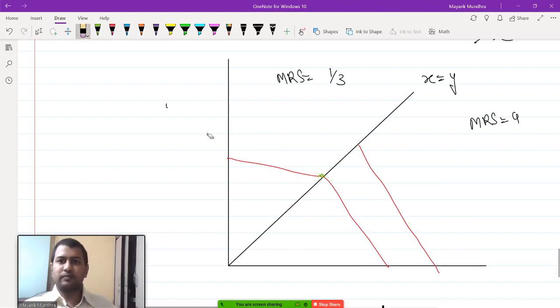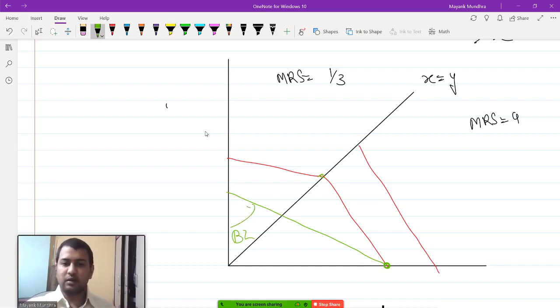Okay. So let's draw an indifference curve like this. This is my budget line. If this is my budget line, she would consume this point.